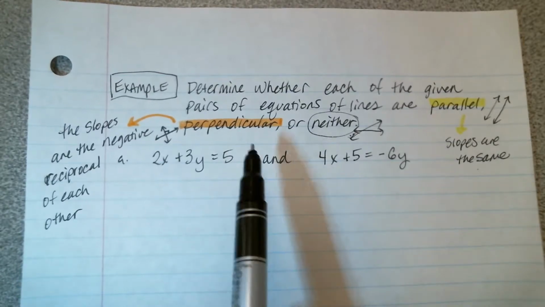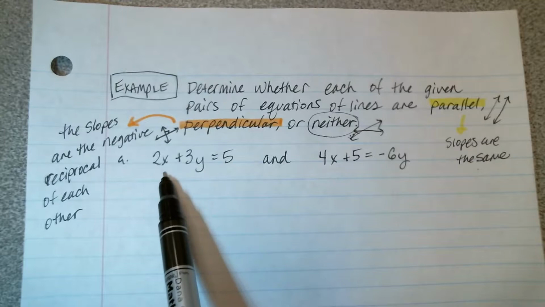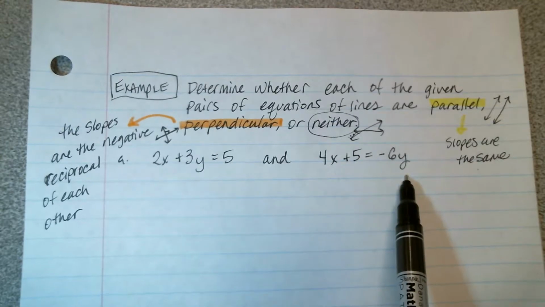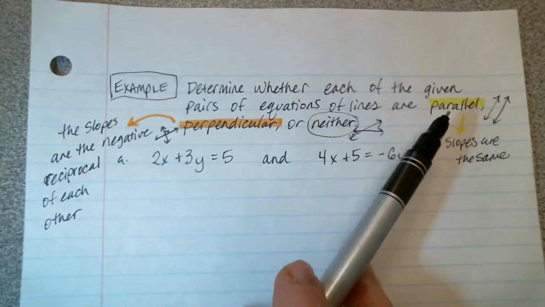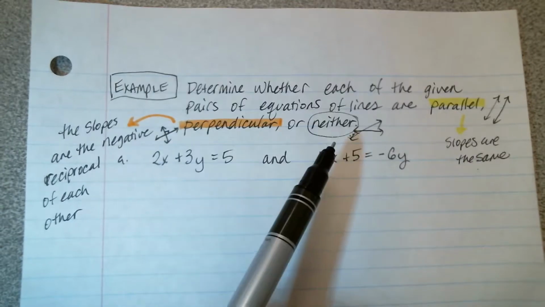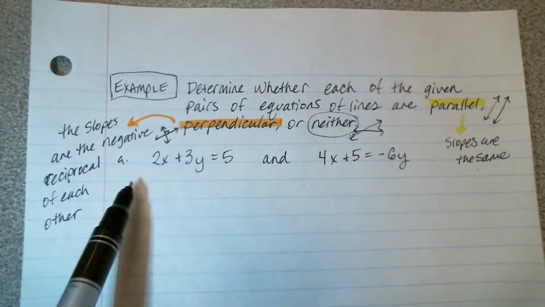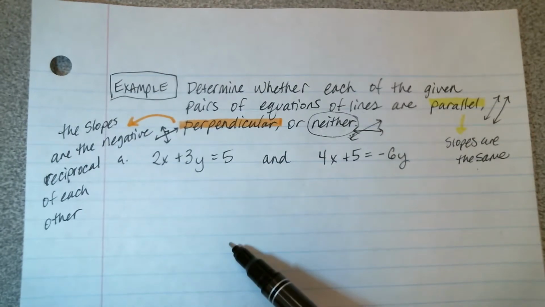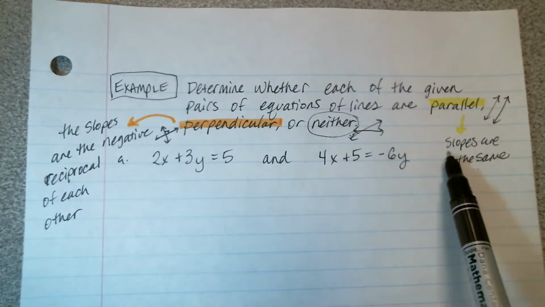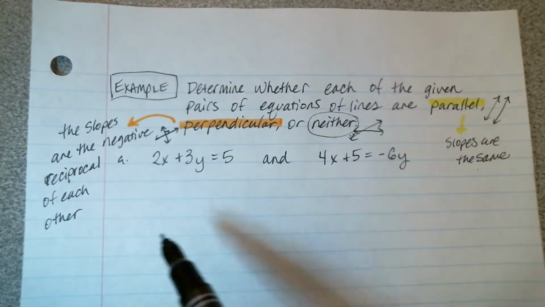So in this first example, part A, I'm going to compare this line with this line, and I want to determine if these lines are parallel, perpendicular, or neither. So what I'm going to do is convert these into slope-intercept form. That way the slope is a lot easier to see.